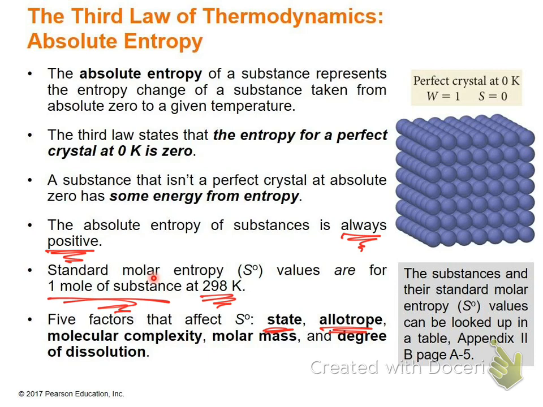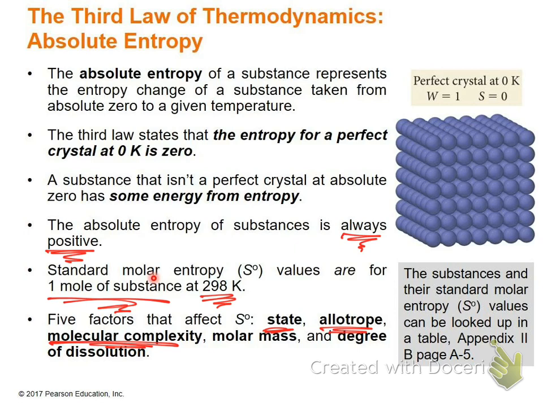All right, the third factor is called molecular complexity. So how complex the molecule is. This is usually related to the number of atoms within that compound or substance. For example, if you have H2 versus H2O, then H2O has 3 atoms versus H2 only has 2.